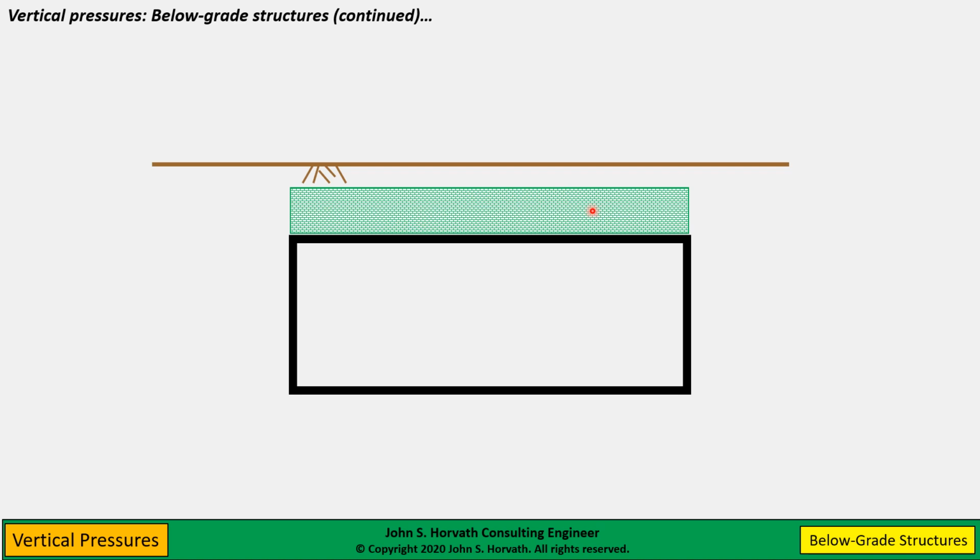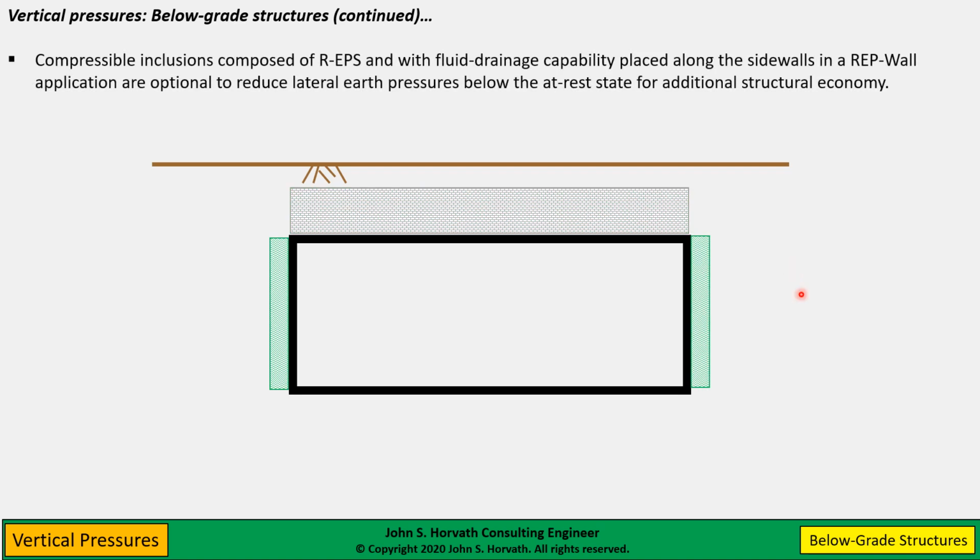Clearly, if you have an assemblage of EPS blocks on the roof slab, that is really going to mitigate any thermal effects. There might be some additional benefit to using compressible inclusions composed of resilient EPS block with fluid drainage capabilities along the sidewalls, because normally these walls are non-yielding, so they should be designed for the at-rest earth pressures and perhaps some compaction effects.